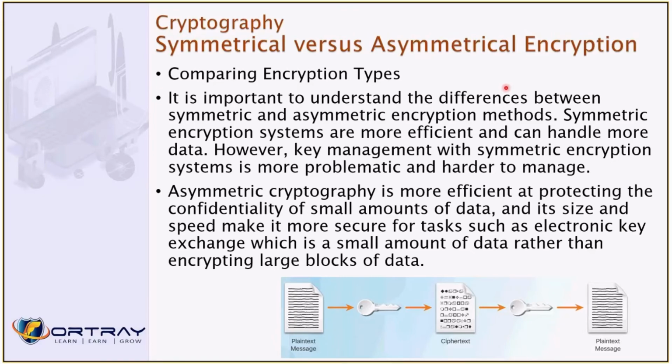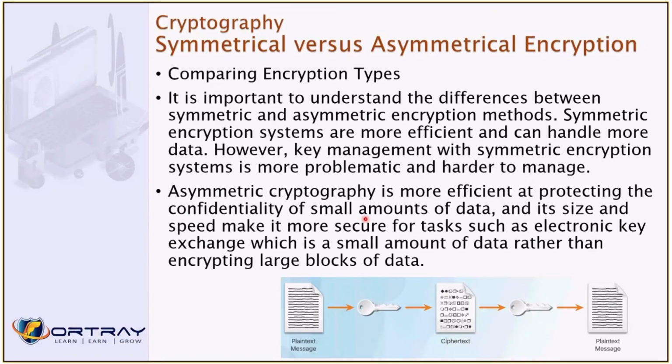So let's discuss the difference between the symmetric and the asymmetric comparison. Symmetric encryption systems are more efficient and can handle more data. However, key management with symmetric encryption is more problematic and harder to manage. So if you are sharing a large amount of data, it is better to use the symmetric key method.